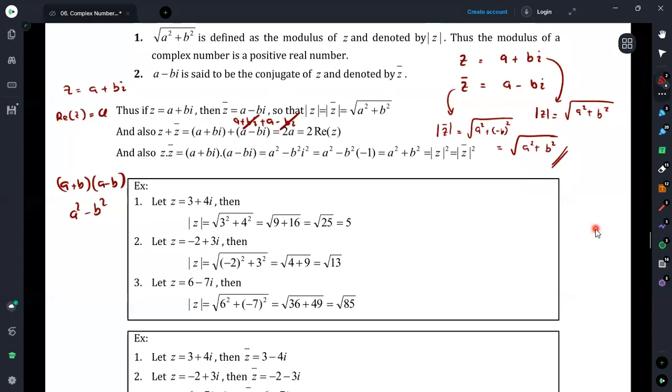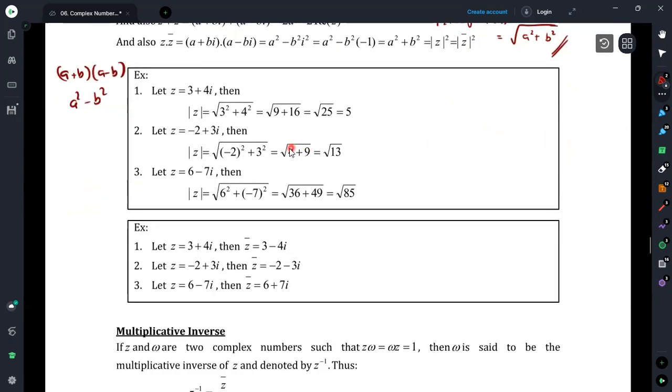And the next thing we have found here is that the modulus of a complex number and the modulus of its conjugate are two equal values. Therefore, we can say that if we multiply a complex number with its conjugate, it is equal to the square of the modulus of the complex number, or the square of the modulus of the conjugate of the complex number.